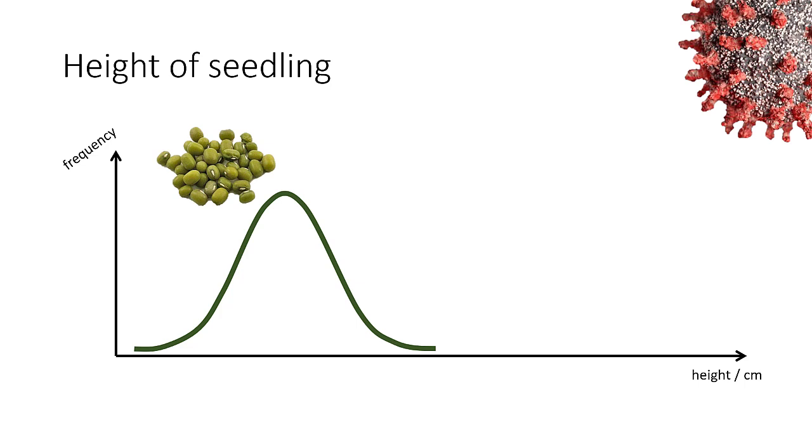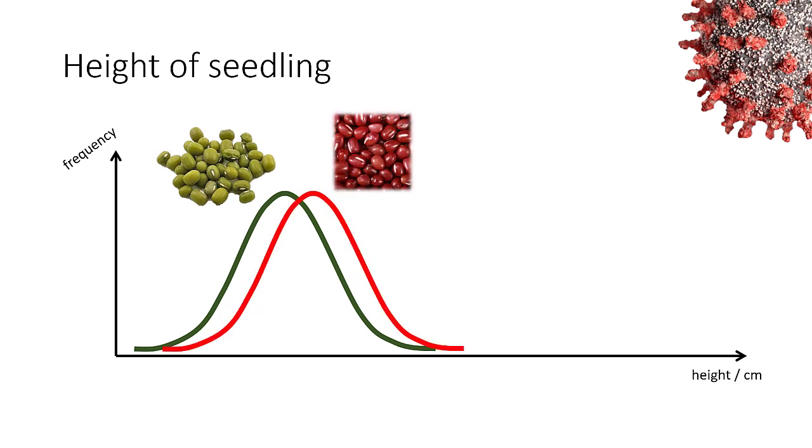Next, let's say I want to compare the height of the seedlings of green bean with red bean. And this is my red bean seedling result. You can see that generally, red bean is taller than green bean. But there are still some red beans that are shorter than some green beans.